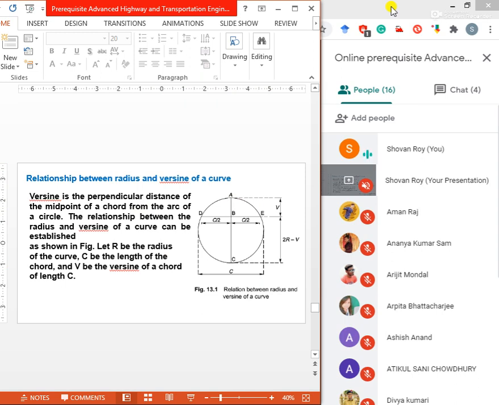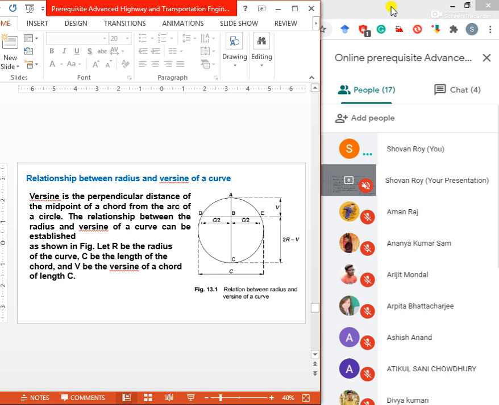The relationship between the radius and versine of a curve can be established as shown in the figure. Let R be the radius of the curve. Normally the diameter is 2R. If R is the radius of the curve, and we consider a complete circle, the diameter should be 2R.